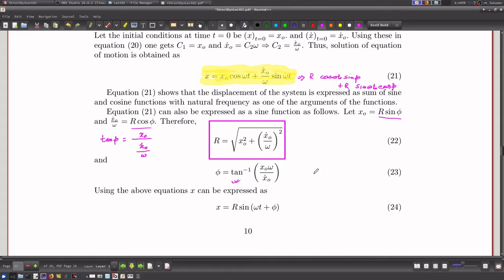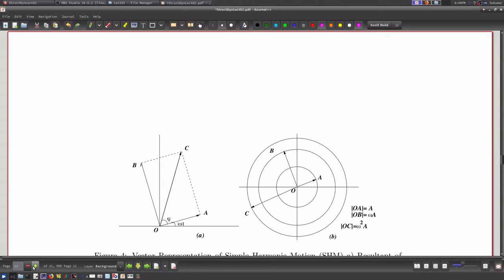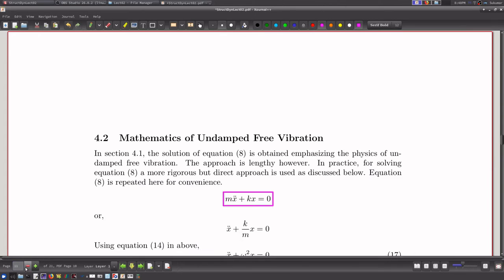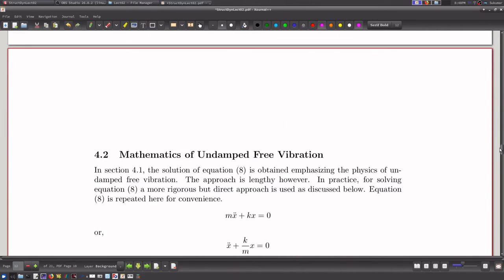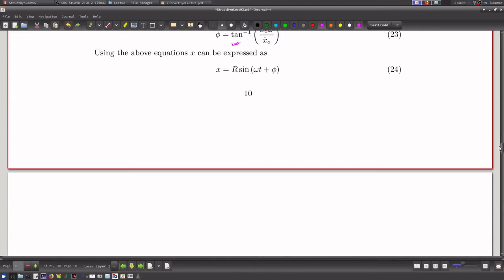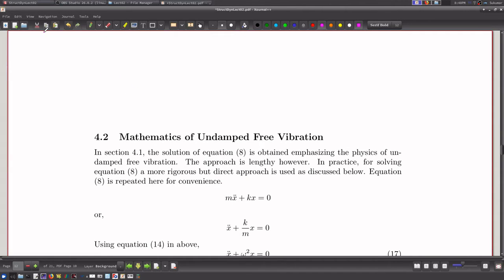Because you see, let me do it here. Let me insert a page. Let me write it here.